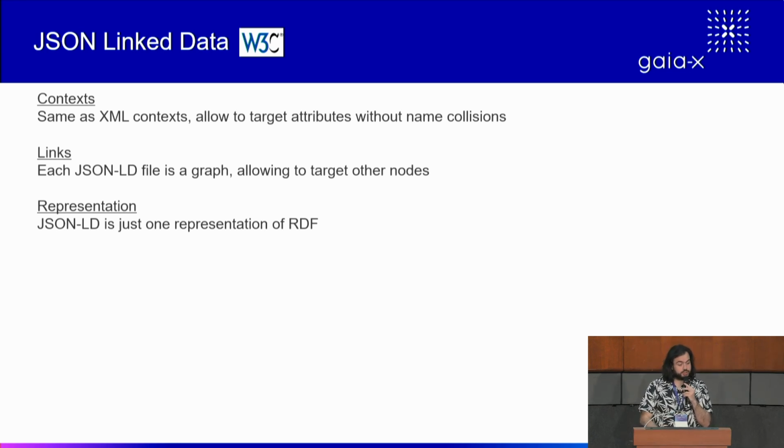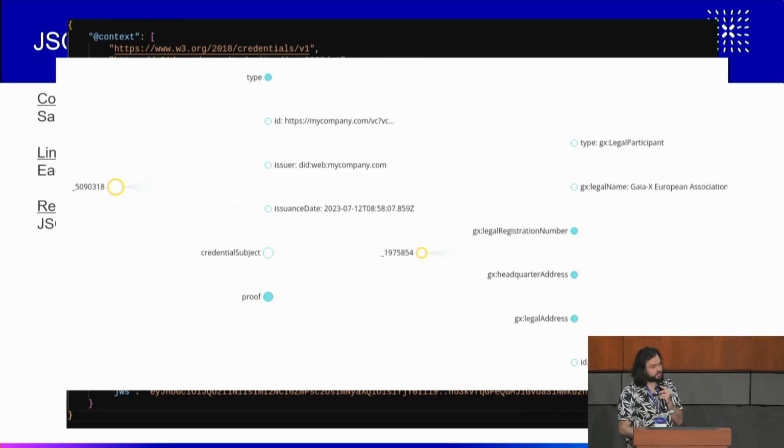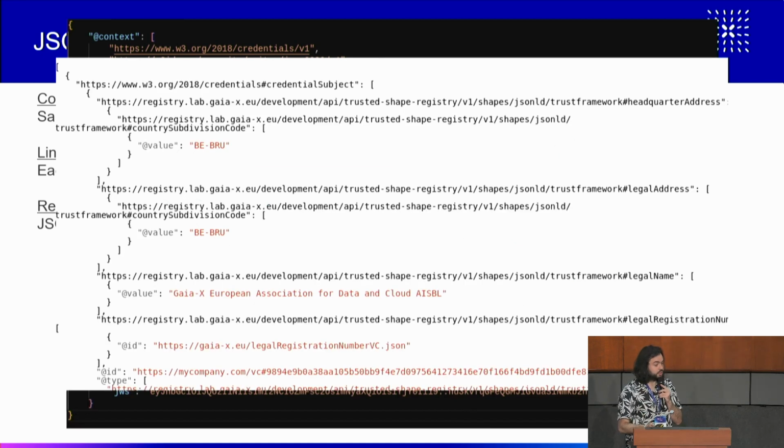And finally, JSON LD is just one representation for RDF, which is a more global Resource Description Framework. So here you have the JSON LD representation, but that's also a perfectly valid representation for a verifiable credential. So basically, a graph. But this is also a representation of the same data.